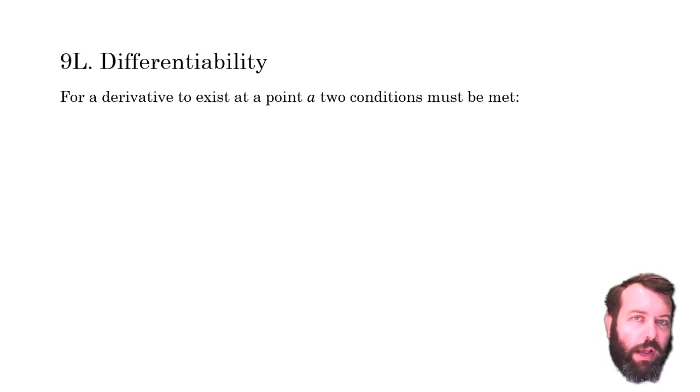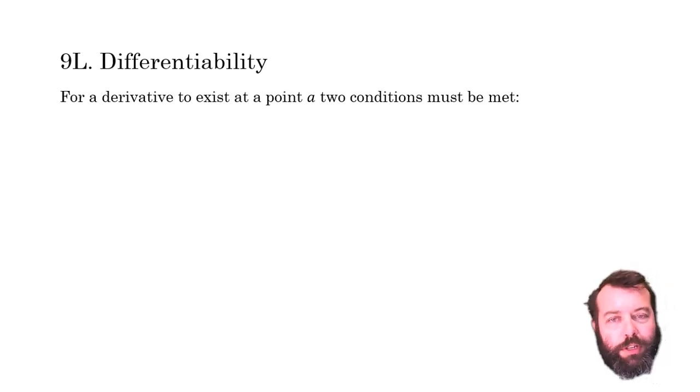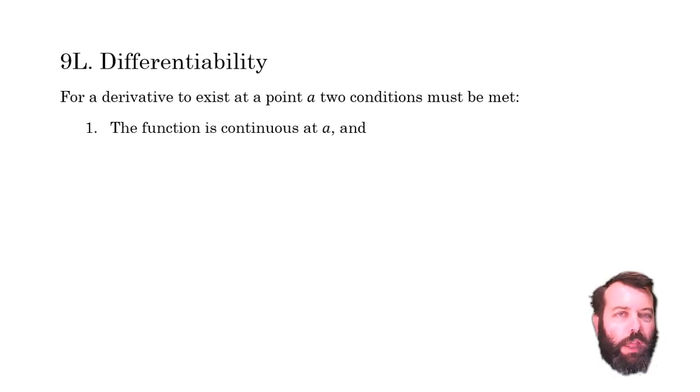Now, there are two broad conditions that have to be met. First of all, it has to be continuous, and we tested that in the last exercise. There are three conditions for continuity: the limit from below, the limit from above, and the function itself must all be equal at that point.